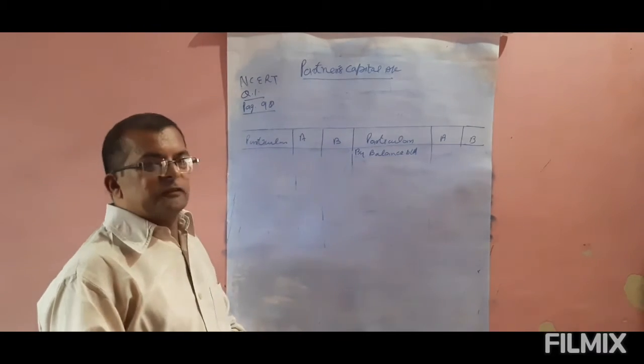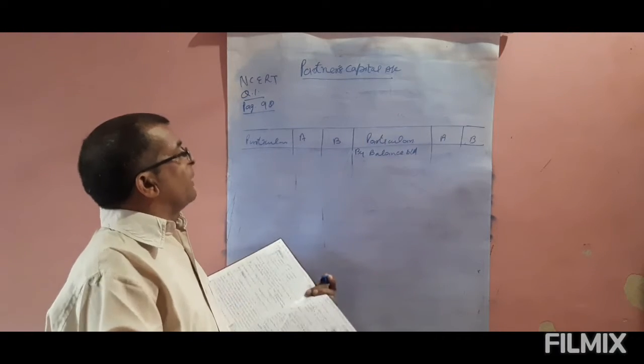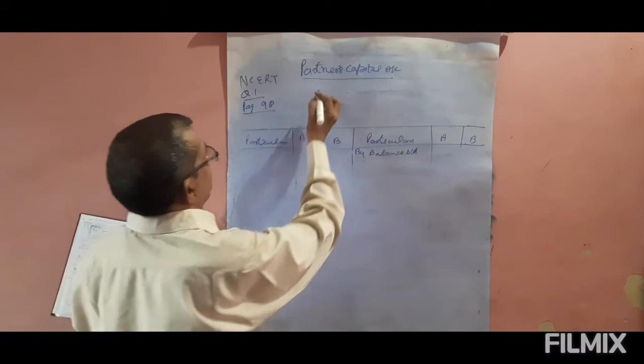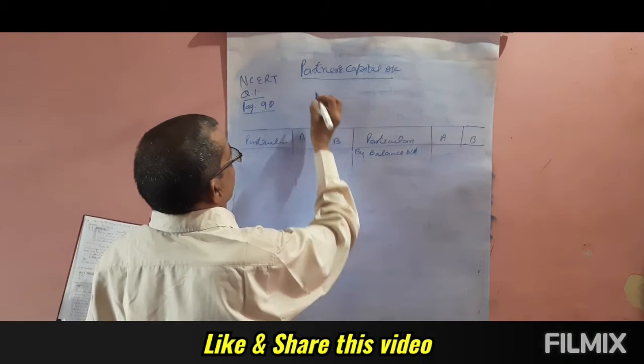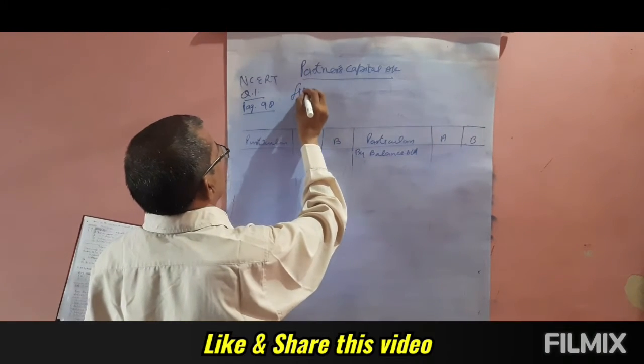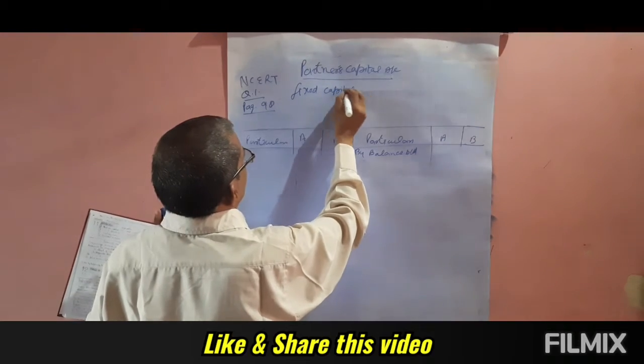So first is the fluctuating method, the partners capital account, fluctuating method. Yes, first the fixed capital method.